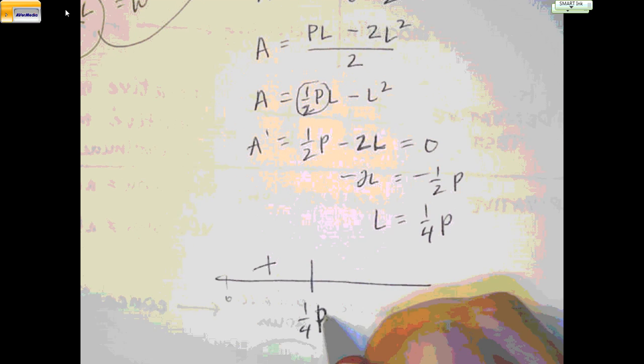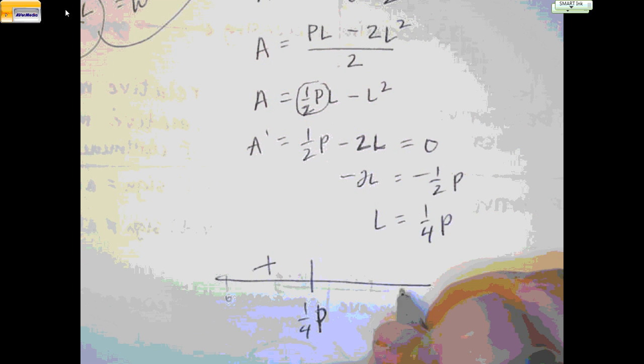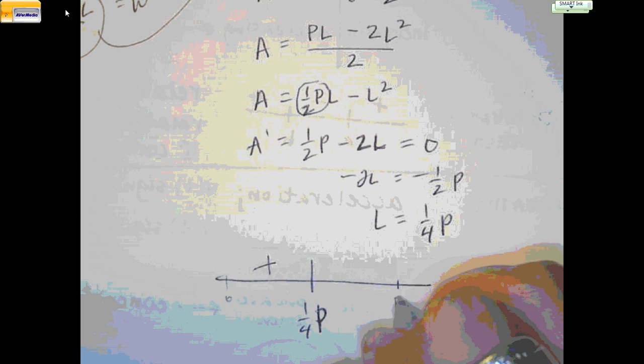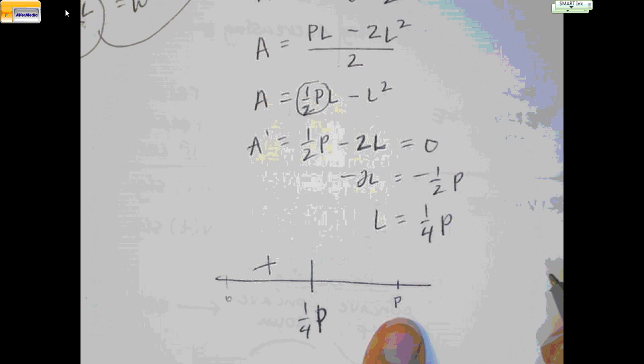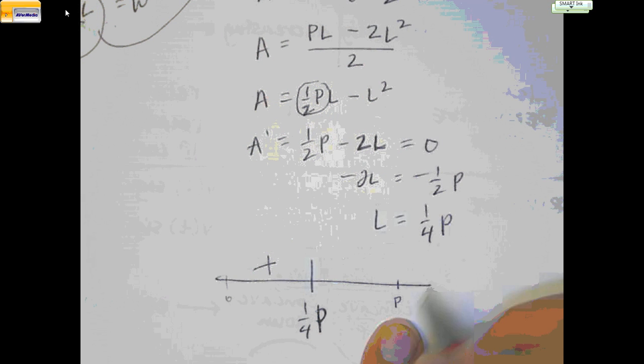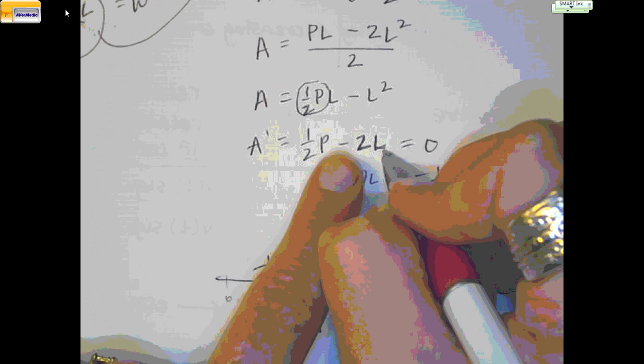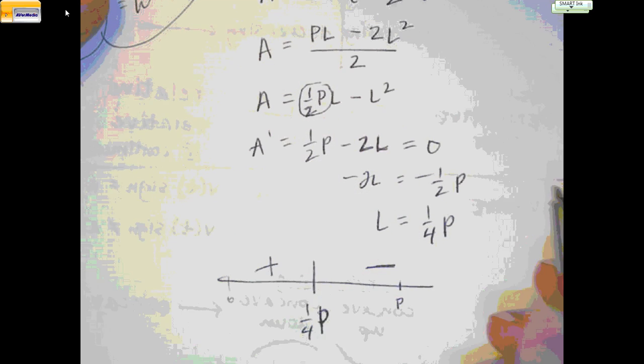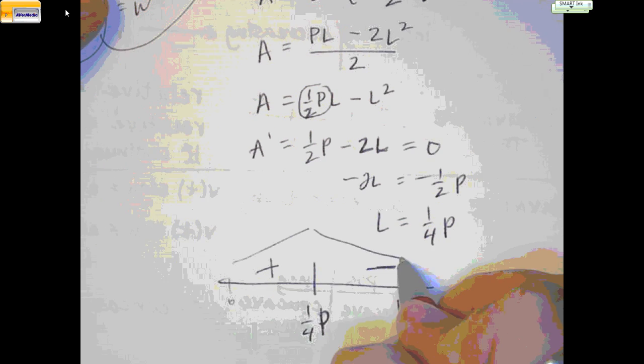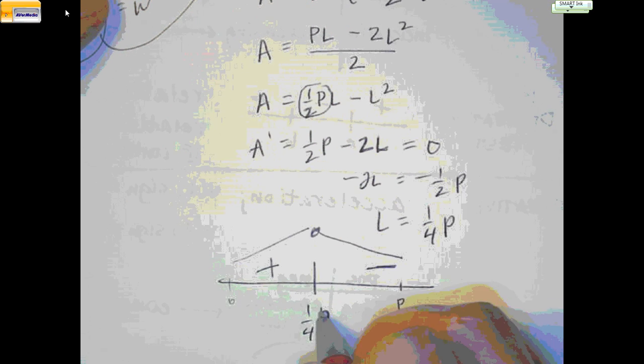And for a number larger than 1/4 P, you could put P, because you know that 1/4 of P is smaller than P itself. So we take P and plug it in here. 1/2 of P minus 2P is going to be a negative number. So we can see increasing, decreasing, so this must be where our maximum is.